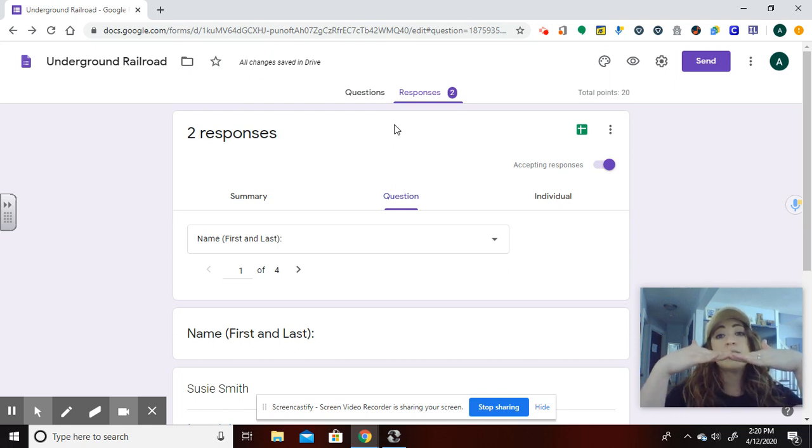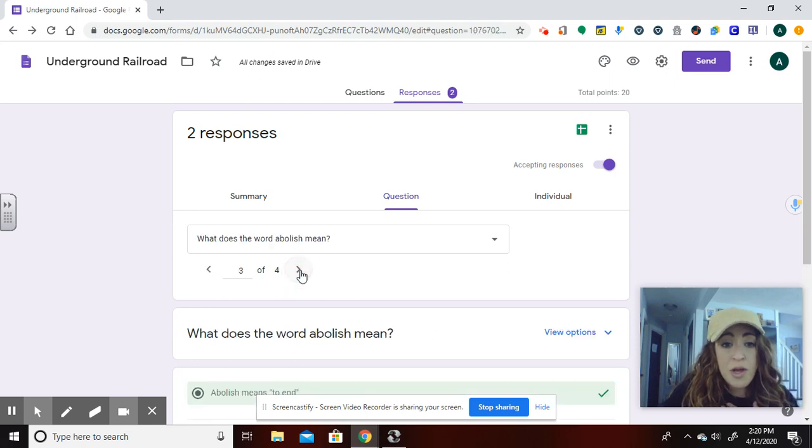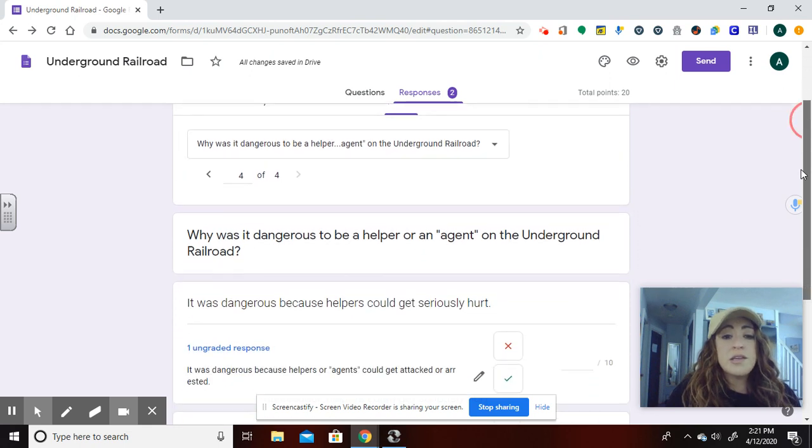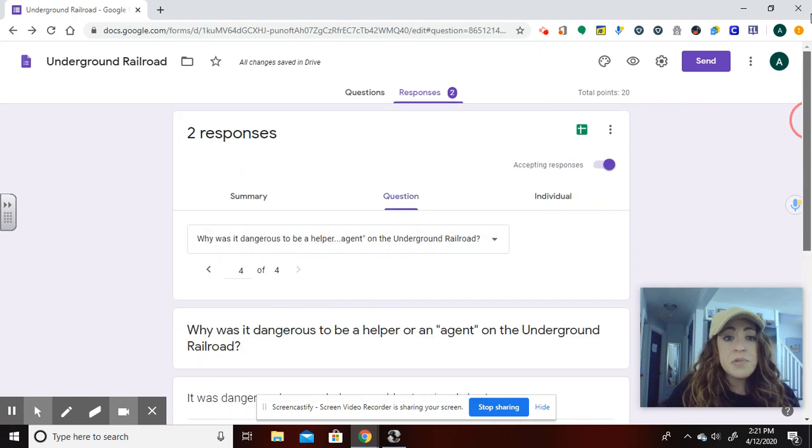For the second question, I see that second question and all of my students' answers. I know that question 4 is my short answer one, because I had one that asked for their name, since I like to have their name on it, even though it collects their email address.